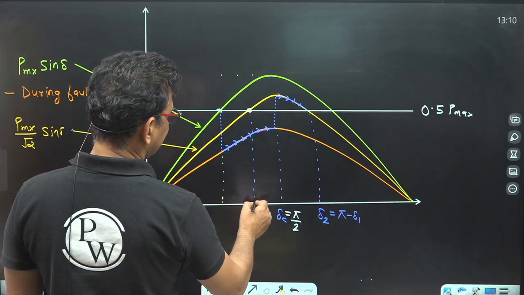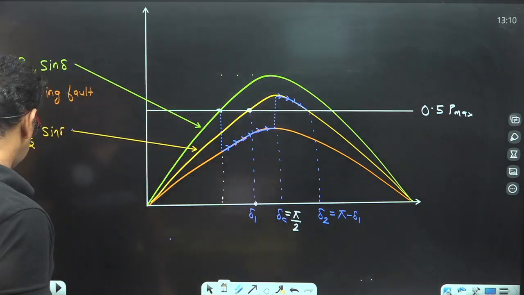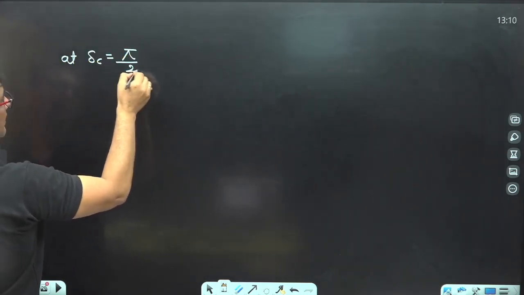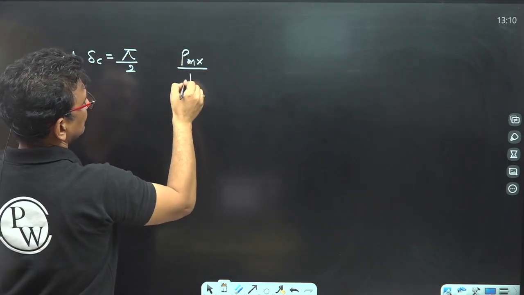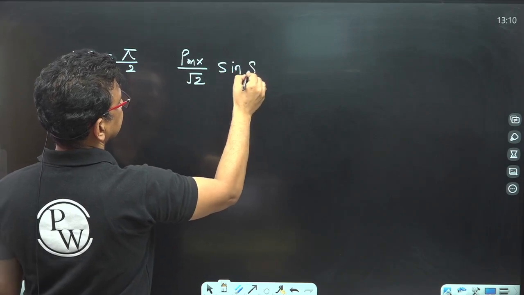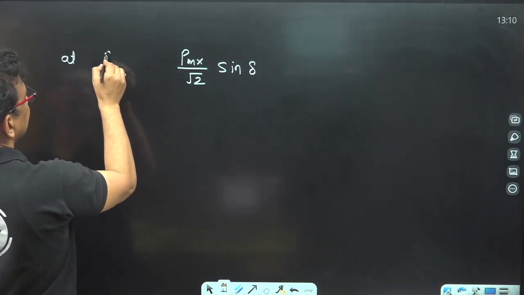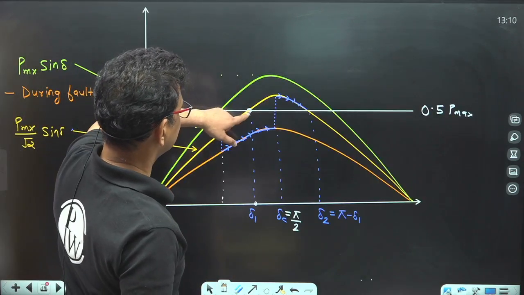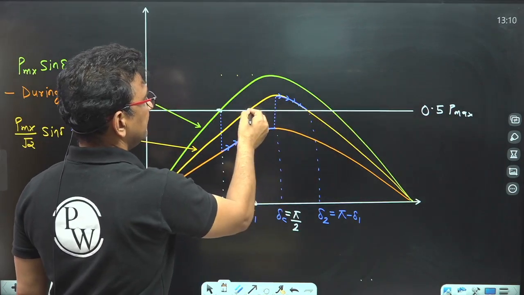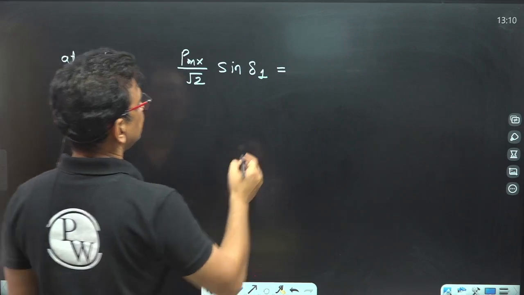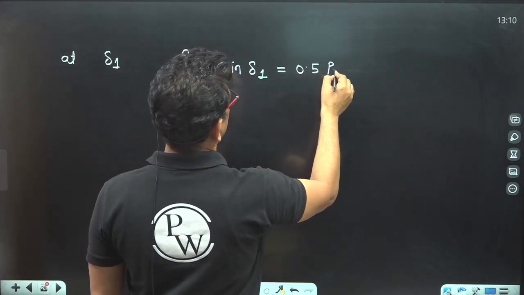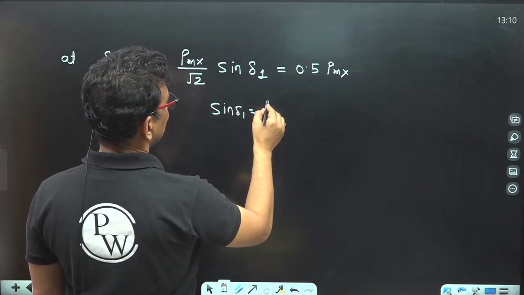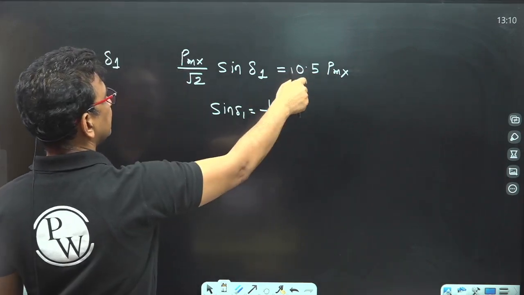So at delta 1, the Pmax by root 2 sine delta becomes equivalent to this point, which is 0.5 Pmax. So sine delta becomes 1 by root 2, because it becomes 1 by 2 root 2.